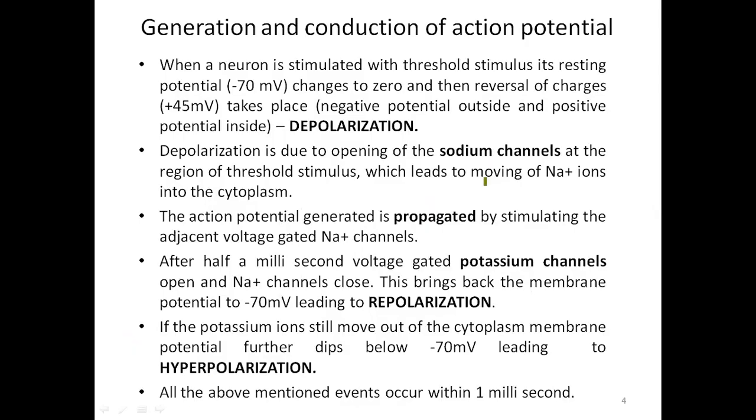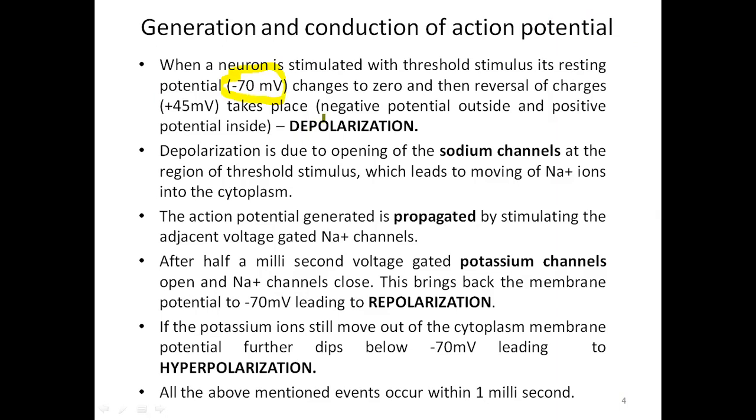Let us move on. First of all, as we have told, a neuron is at rest. It has some potential, known as the resting potential, and that resting potential is around minus 70 millivolts.